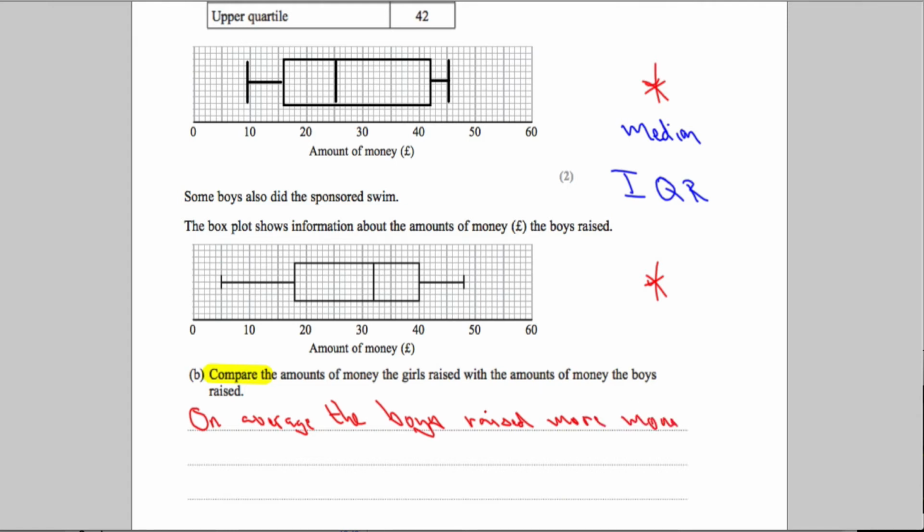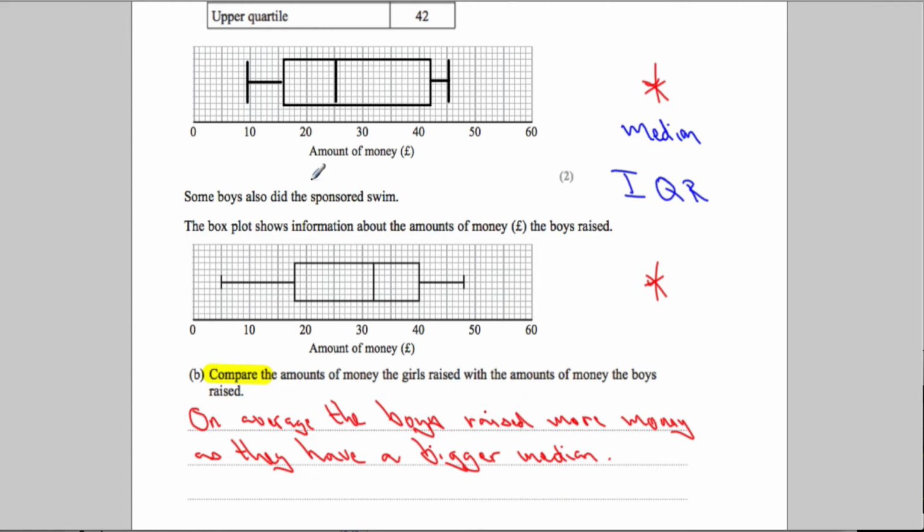And we're going to explain how we know that, as they have a bigger median. So that's how we know that the boys have raised more on average, because they've got a bigger median.